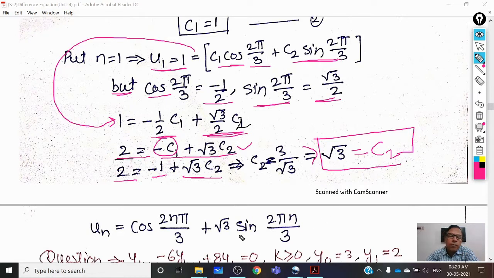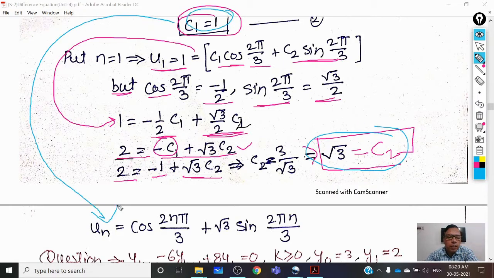So by using the values of C1 equal to 1 and C2 equal to under root 3, our result becomes u(n) equal to cos 2n pi by 3 plus under root 3 sin 2n pi by 3, which is the answer.